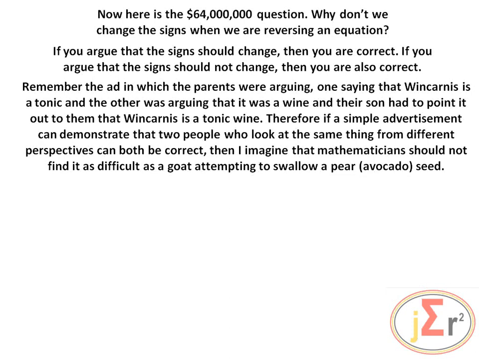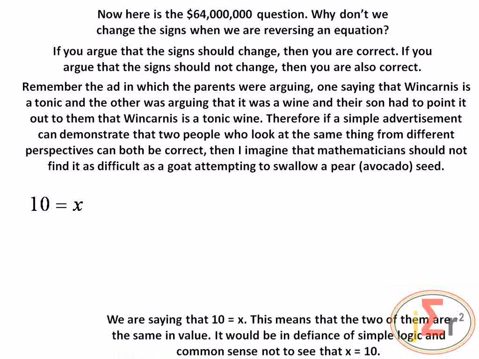Therefore, if a simple advertisement can demonstrate that two people who look at the same thing from different perspectives can both be correct, then I imagine that mathematicians should not find it as difficult as a goat attempting to swallow a pear seed. An avocado seed should not be very difficult at all.